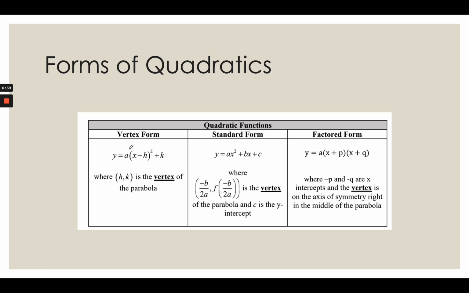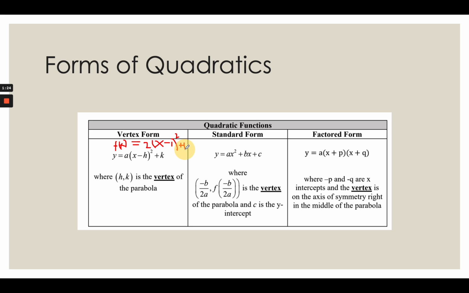I'm just going to put in some numbers because sometimes I feel like it helps to see these forms a little more. So like vertex form, if we had some numbers in here, maybe it'd be like 2 parentheses x minus 1 squared plus 1.